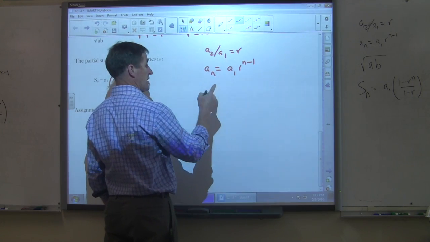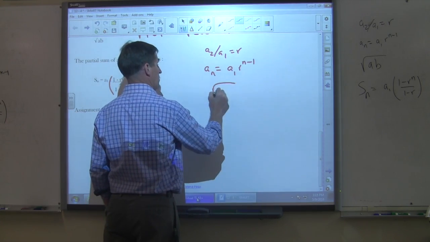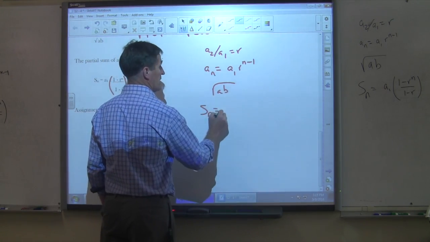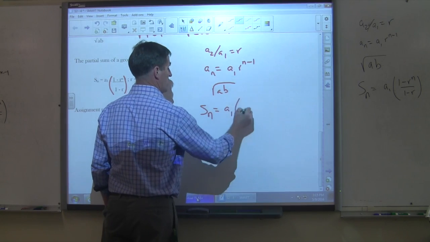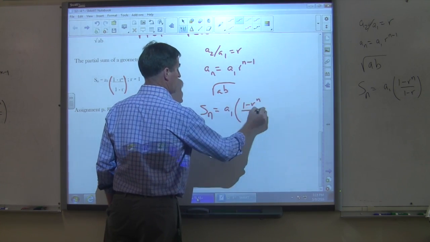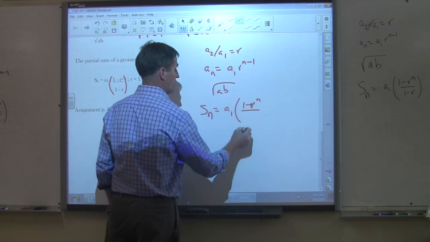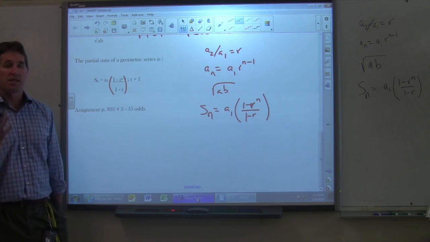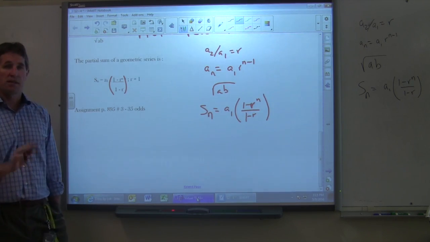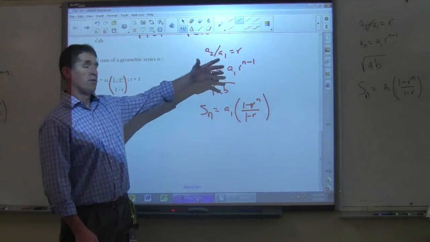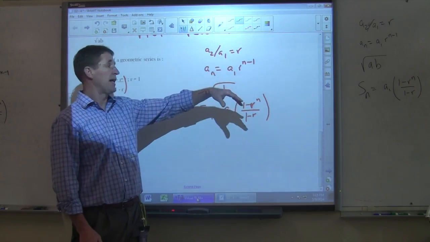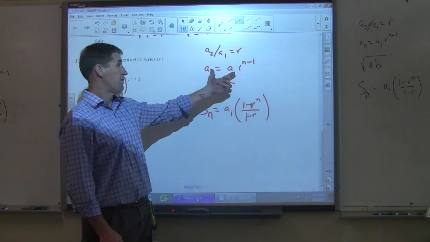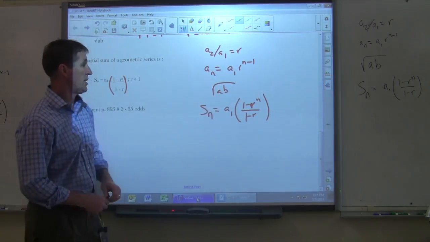The geometric mean is the square root of a times b, and then the sum of the geometric series is a sub 1 times 1 minus r to the n over 1 minus r. If you have those there, it's a simple matter of plugging them in. Again, sometimes you have to move things around when they don't give you a1 or an, and they give you like a3 and a8. You have to manipulate those to find the information you need.